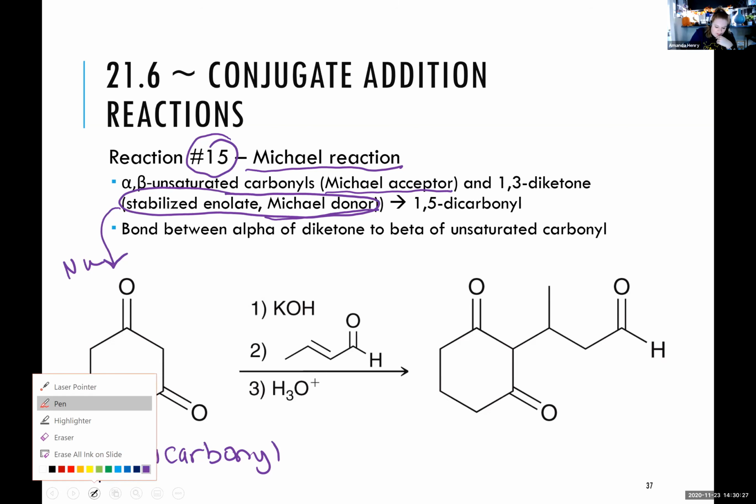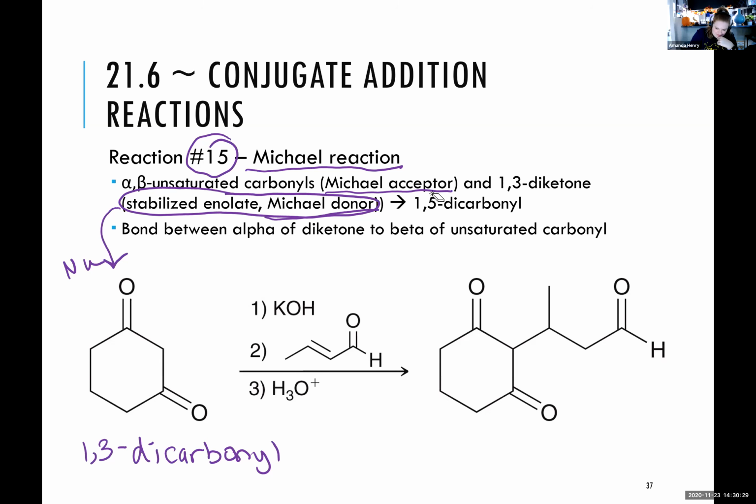And then our Michael acceptor is our alpha beta unsaturated carbonyl. So there's our Michael acceptor, and this is our electrophile.